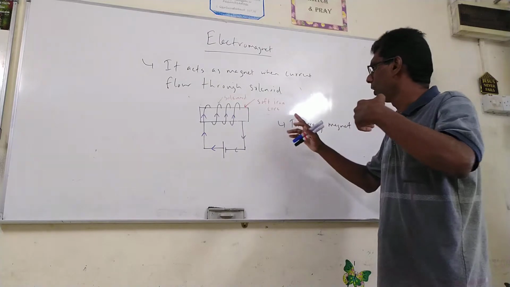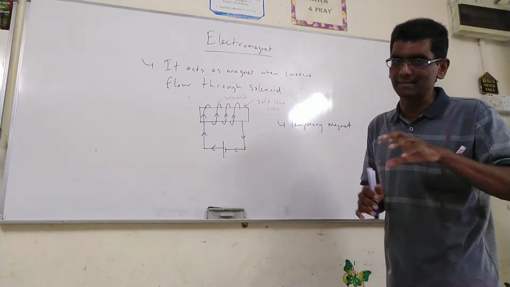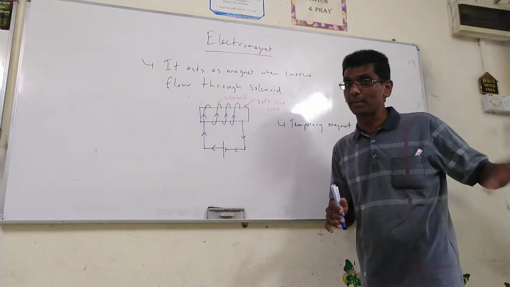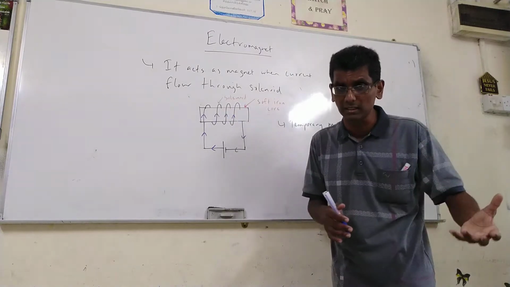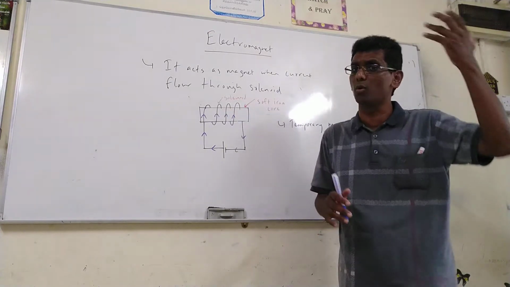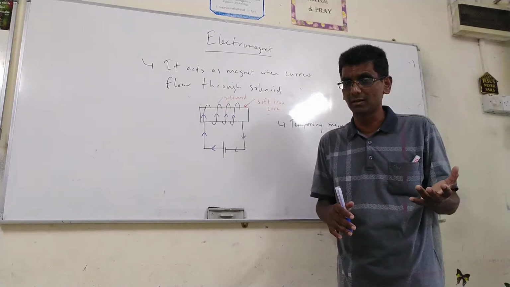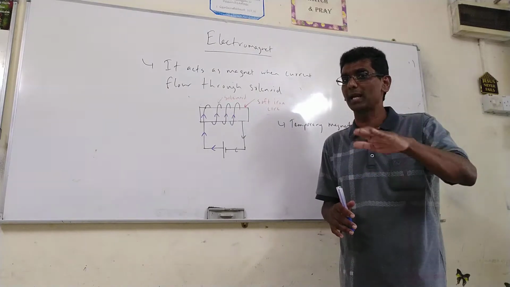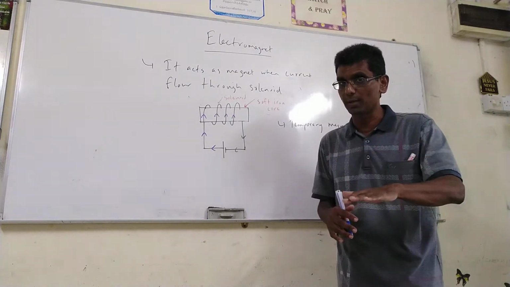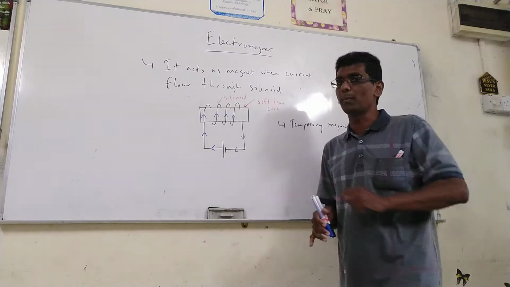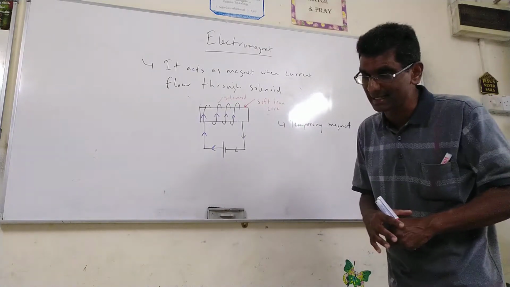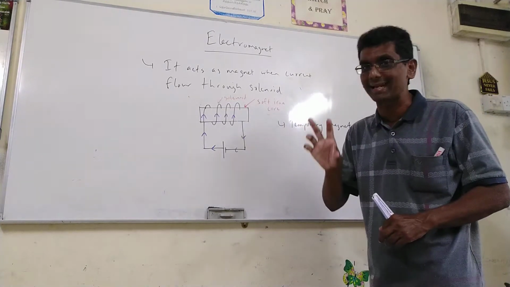So it's a temporary magnet, unlike the permanent magnet. A permanent magnet is always magnetized, whether current is there or not. I will come to how to make a permanent magnet shortly. But this is an electromagnet, a temporary magnet.